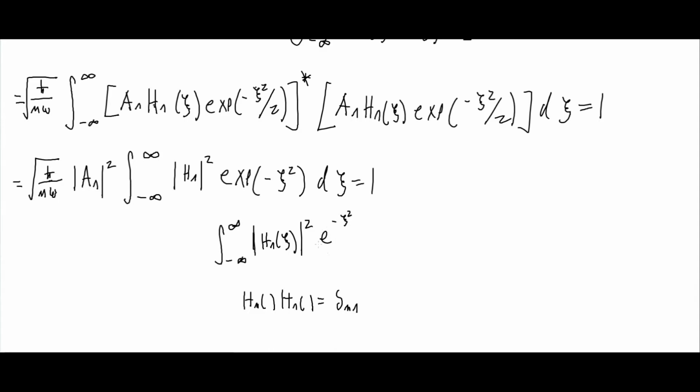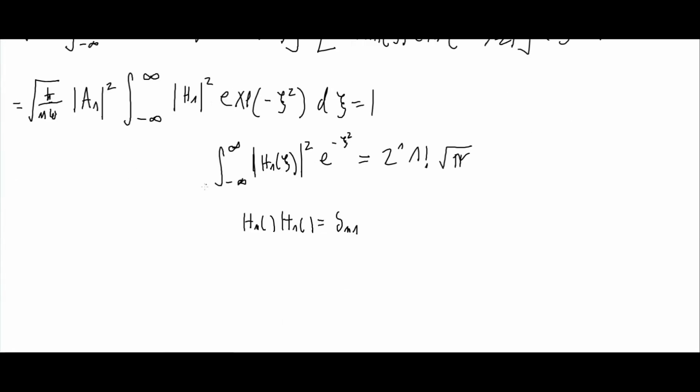So I talked about weight functions in my video on the Hermite polynomials, and so this, if the m and n are equal to each other, then what we get is 2 to the n times n factorial times the square root of pi.